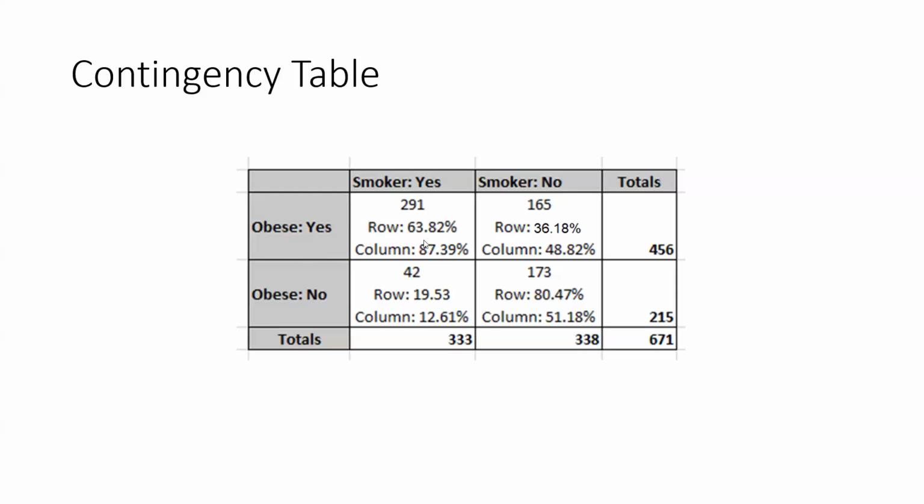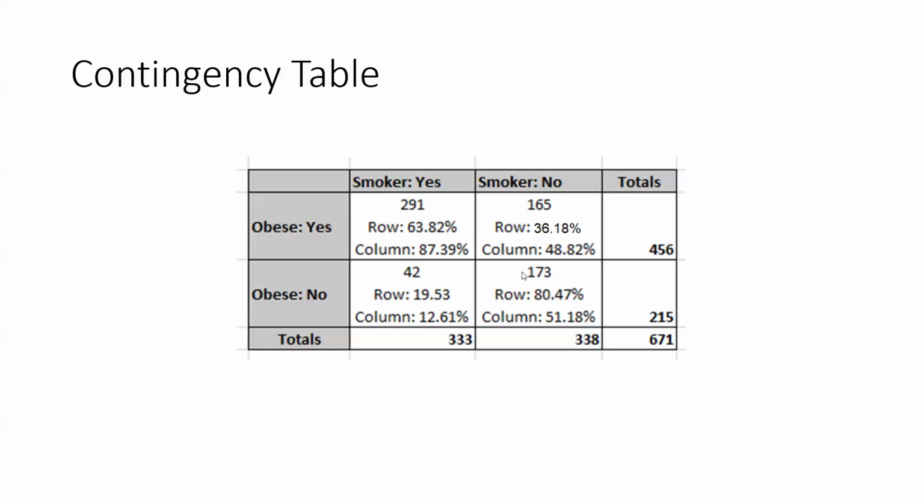And how do we get to this particular figure here? Well, for that, we have to know the total number of smokers, which is 333, and we divide 291 by 333, and we get that column percentage, 87.39%.